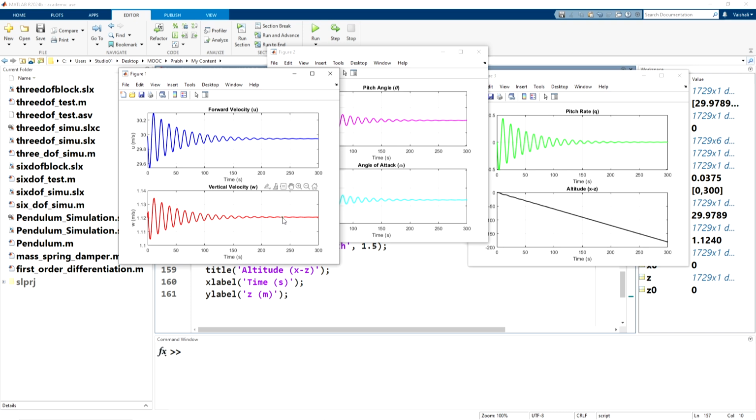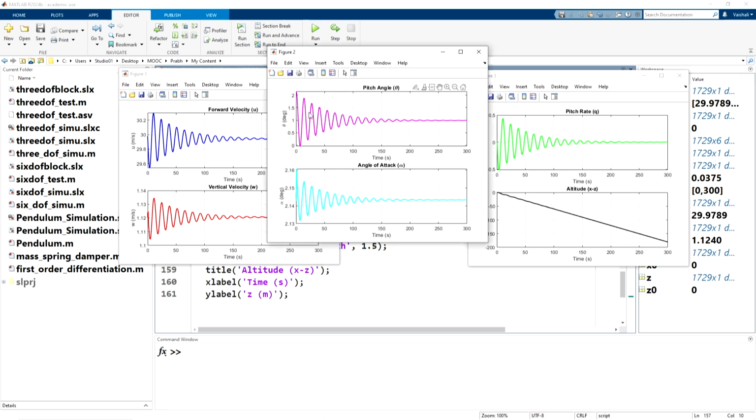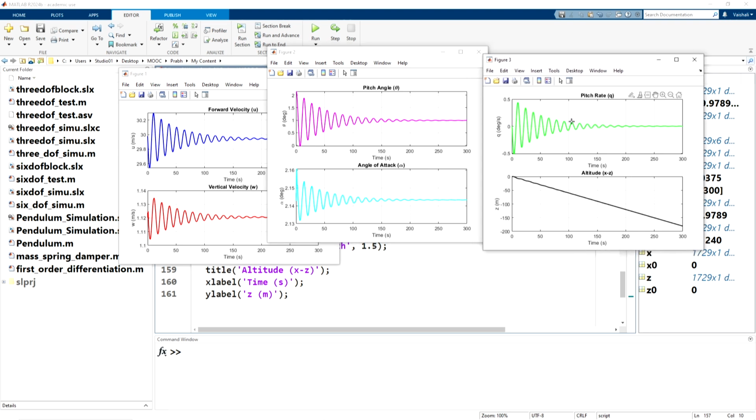W is around 1.12 meters per second. Theta is approximately 1 degree and alpha is 2.14 degrees. Q is approximately going to 0. So we have beautiful results over here, and altitude is reducing actually, in 300 seconds up to about minus 200 meters. All right.